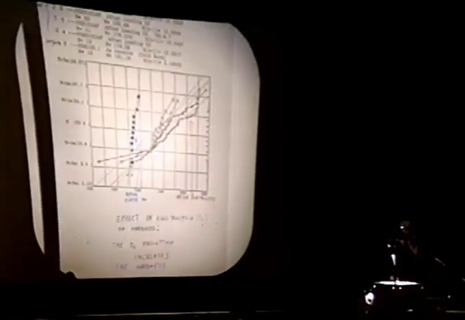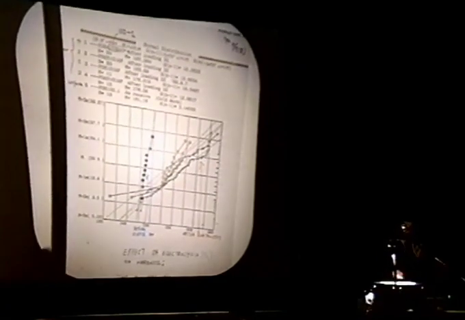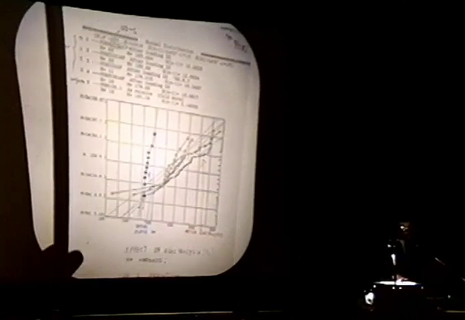Graphs show the value of hardness of palladium before electrolysis, true line, and after electrolysis. So this is about a 20% increase of hardness, but the spread of data is very large.